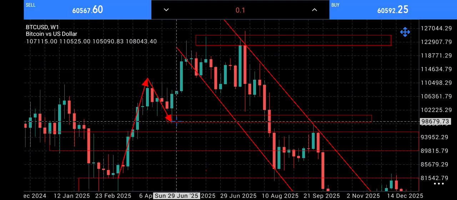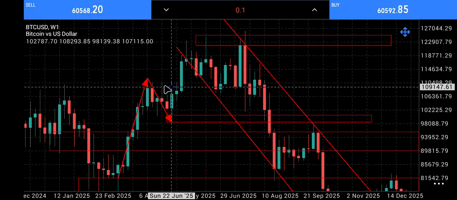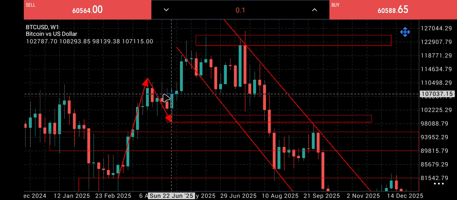But then if you did buy in this market, you should have clicked buy at this area, right? Which was at a price of 107,037.15. That is the area where you should have bought that asset called BTC.